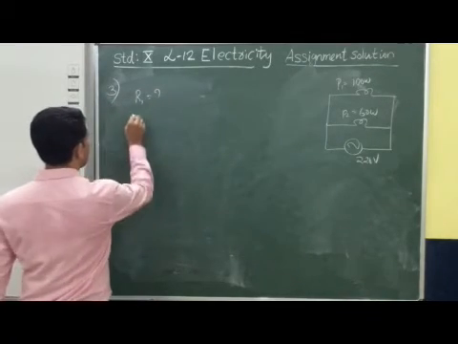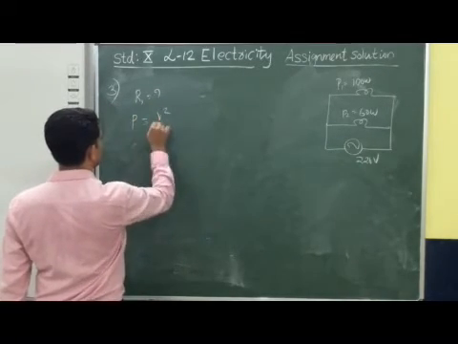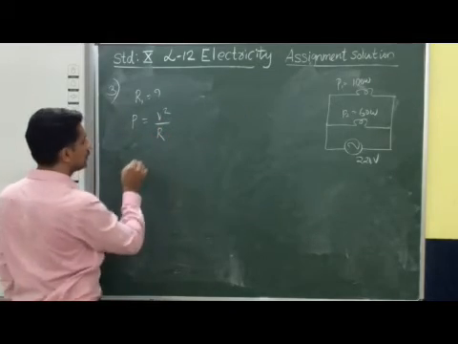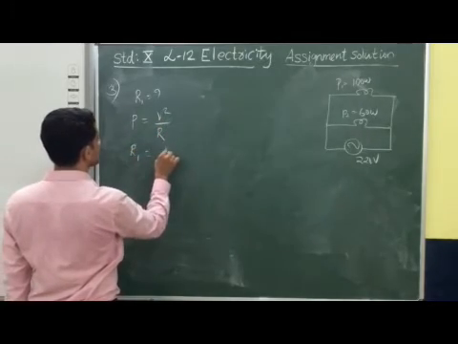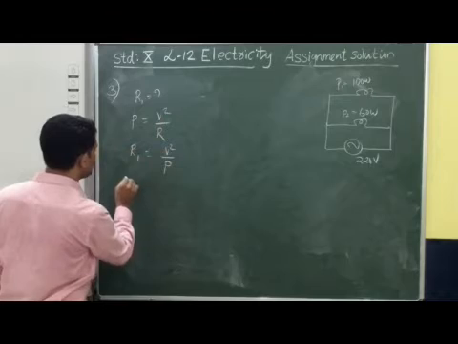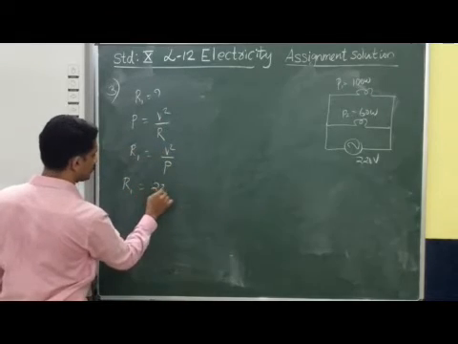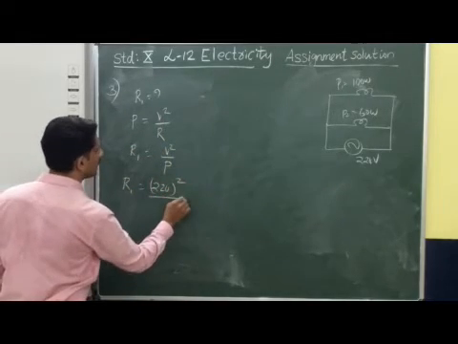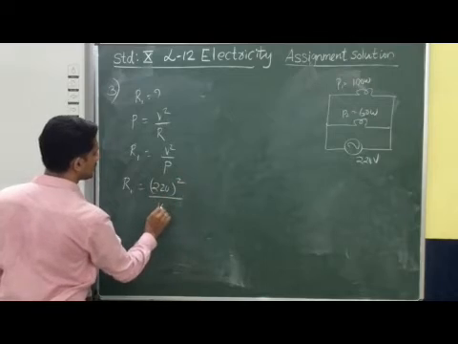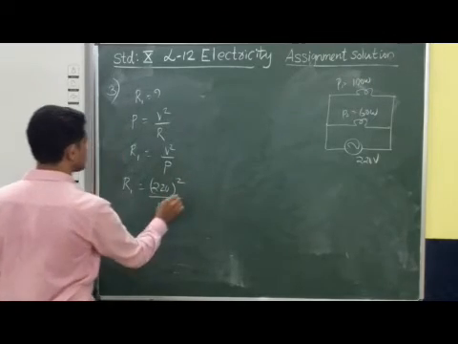We can use the formula P is equal to V squared divided by R, so R1 is equal to V squared divided by P. So we get 220 squared divided by 100.